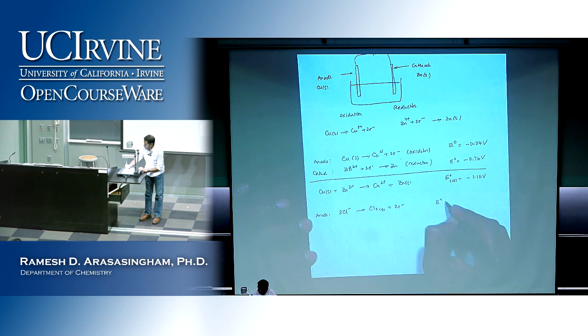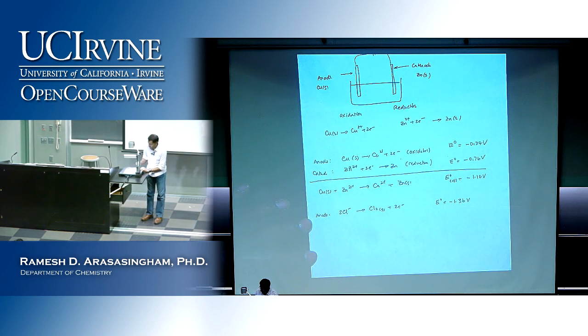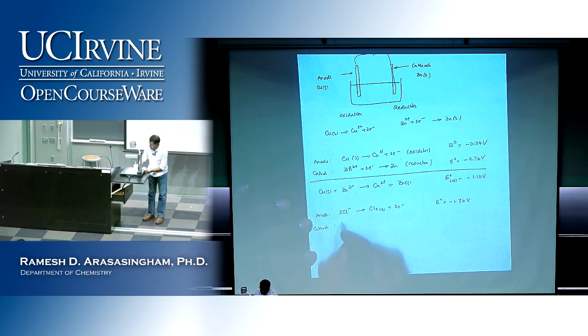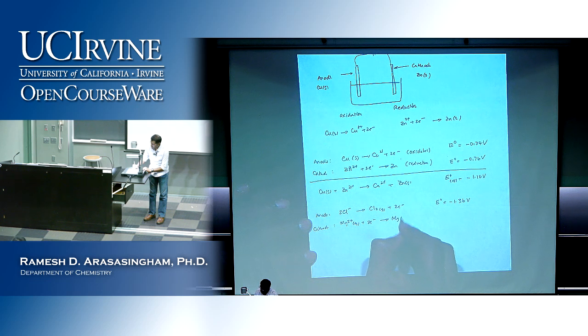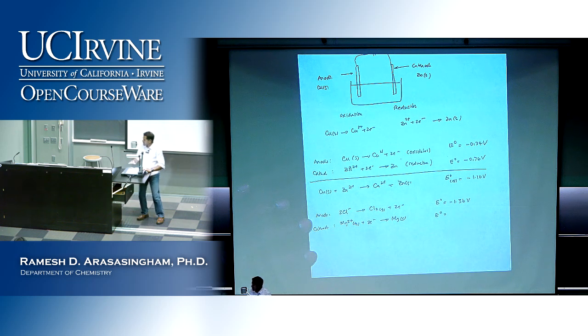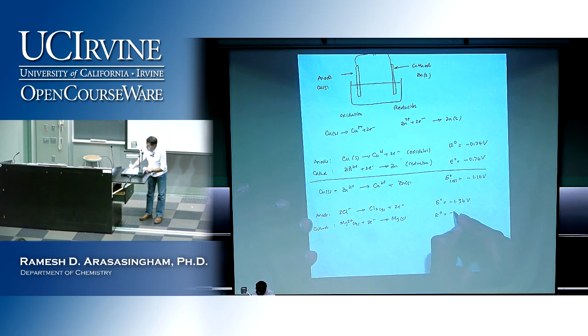If you look at the value for this in the table, it's about negative 1.36 volts. At the cathode, you have Mg2 plus aqueous picking up the 2 electrons to give you magnesium metal. The cathode is where the reduction takes place, and this value comes directly from the tables.